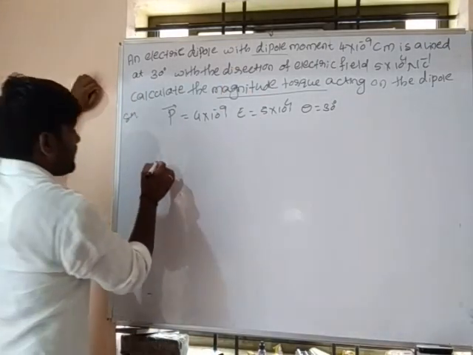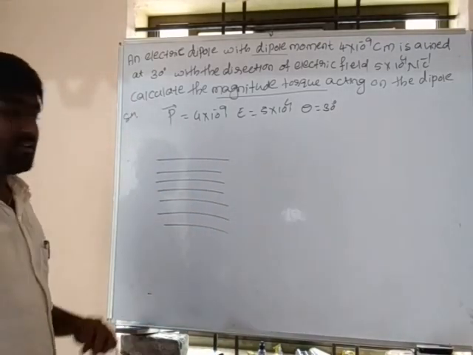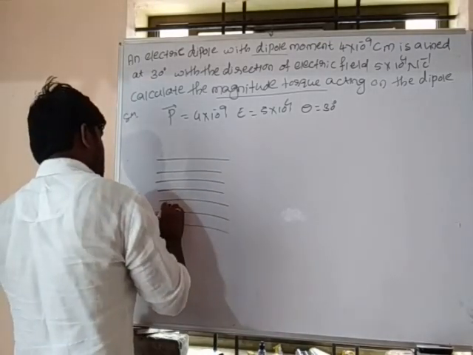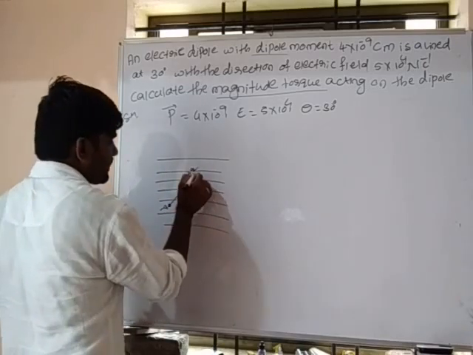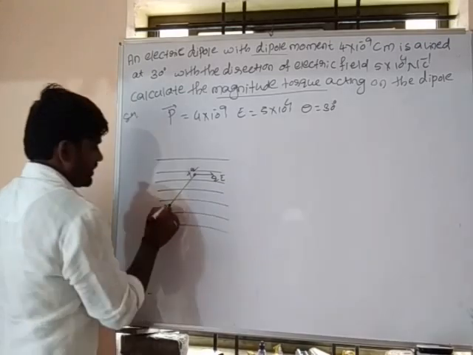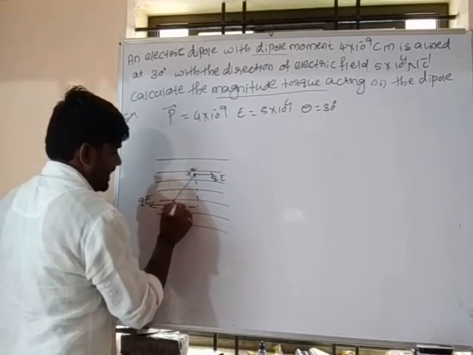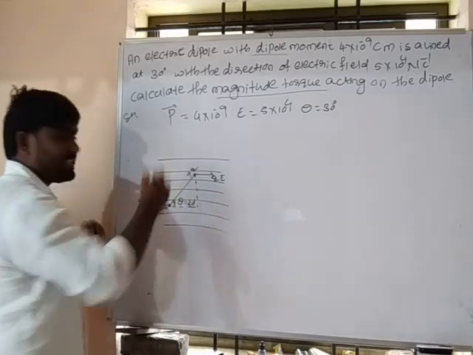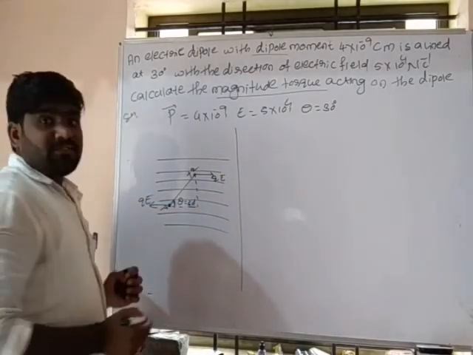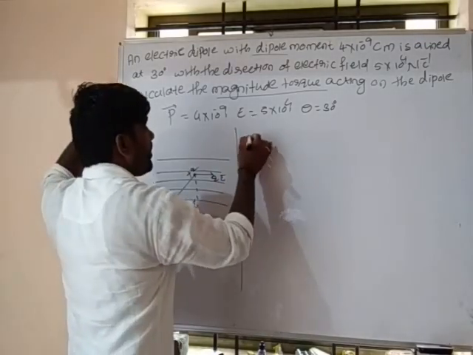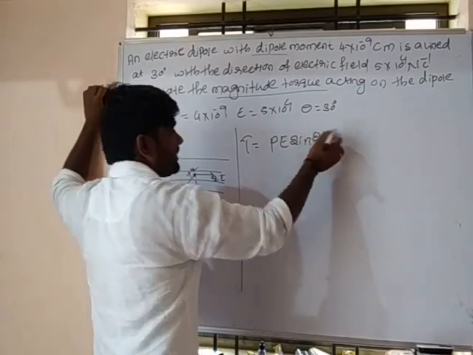See here how we keep the dipole in the electric field. The charges are minus q and plus q, and the forces qE act along these directions. The angle given is 30 degrees. What is the formula for torque? Torque is equal to PE sin theta.